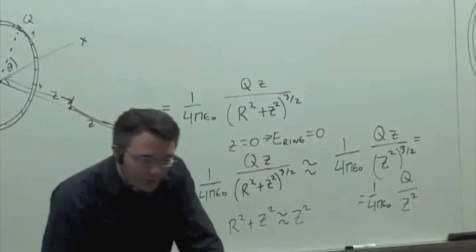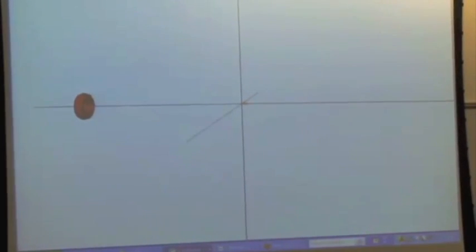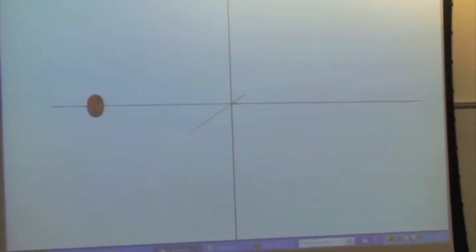So we get a situation that looks like this. We can just model the disk as a series of concentric rings. So here's ring number 1, and you probably can't see it, but there's a tiny little electric field at the origin there, at the observation location. Electric field number 2, and we keep adding up the delta E's, so delta E2 plus delta E1 gives us our total delta E so far.